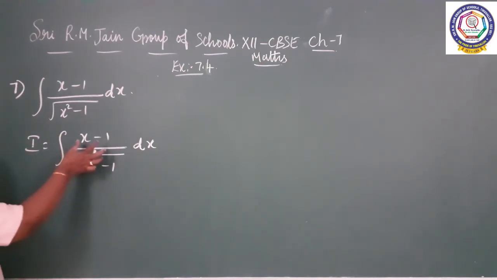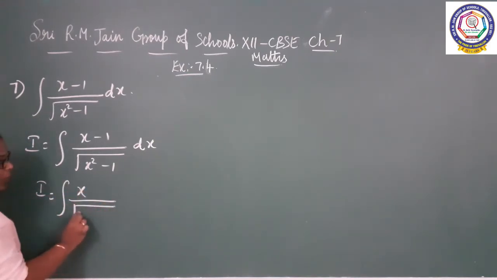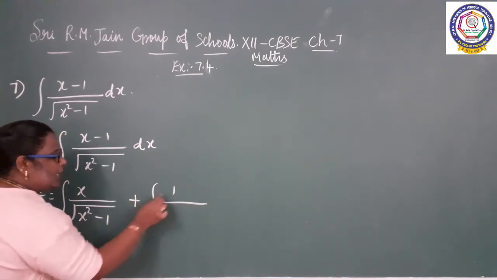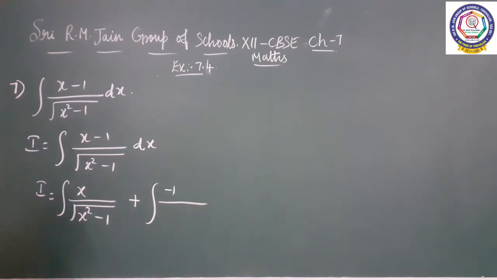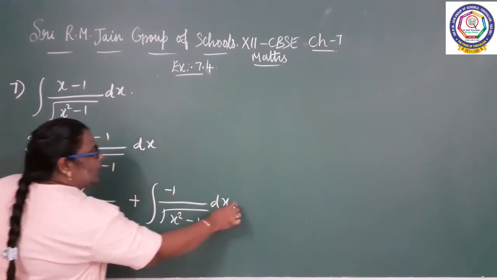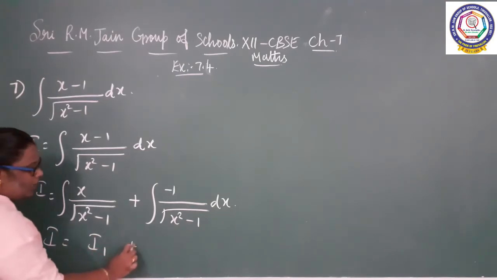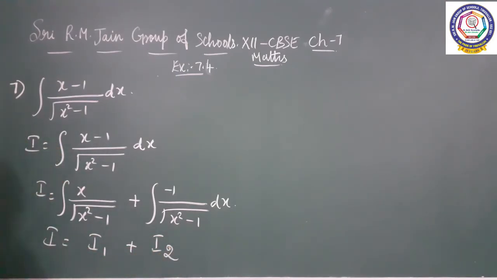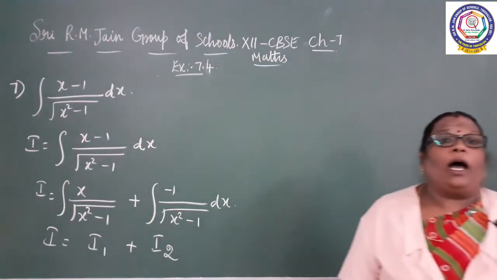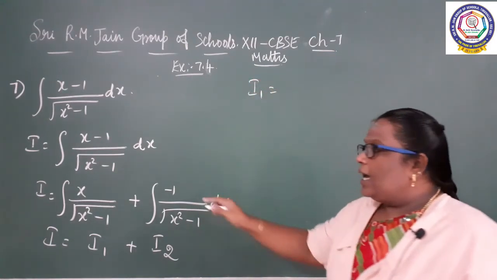Now you can split the term: I equal to integral x by root of x square minus 1 plus minus 1 by root of x square minus 1 into dx. So I equals I1 plus I2. Separately you find the values and substitute in the final equation of I. First you can take I1. What is I1?